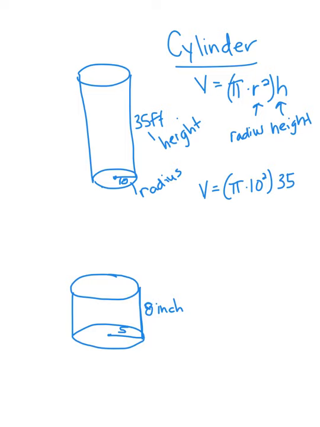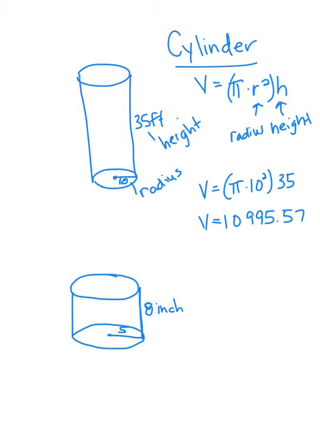So pi times 10 squared is 314.15, and then it's a longer number than that, so once you get it in your calculator, immediately just push times 35 and you will get a volume of 10,995.57 for that one.